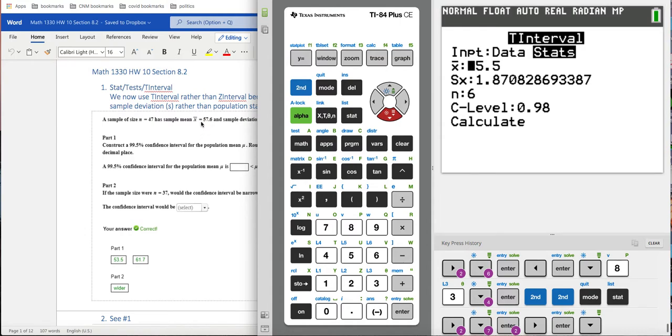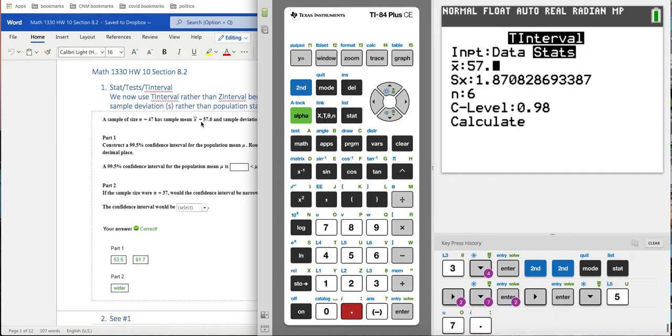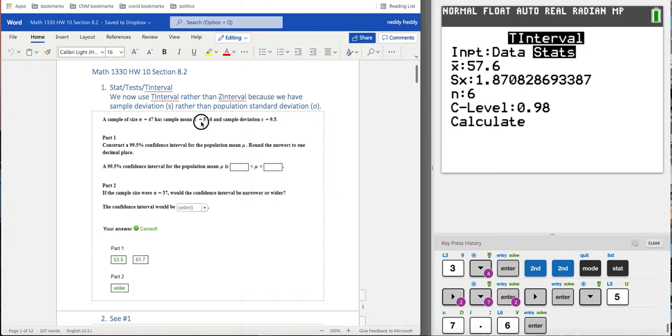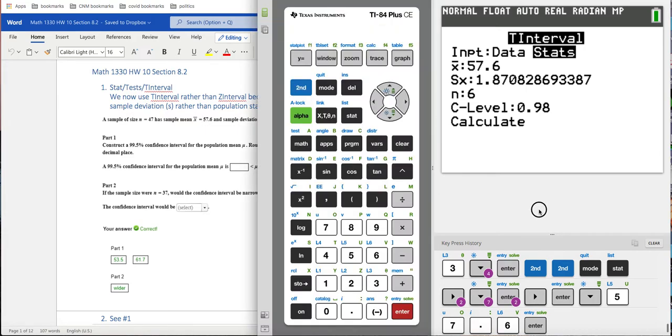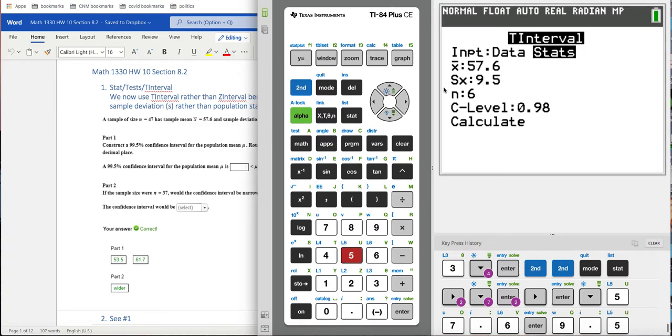So we've got a mean of 57.6 and a standard deviation of 9.5. Notice that now in the input it says Sx, whereas in the z interval it said sigma x.